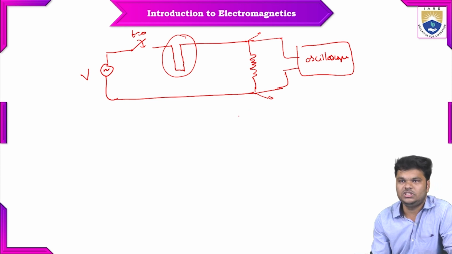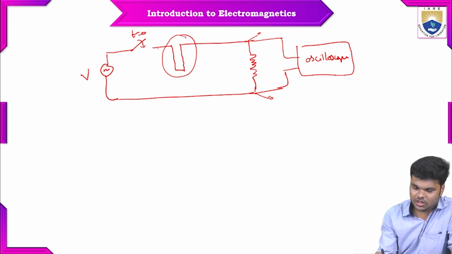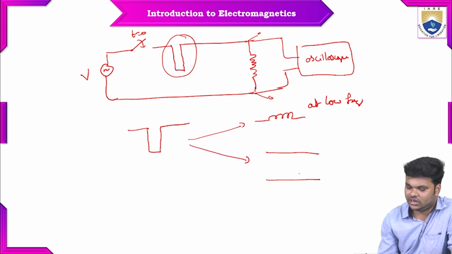This is something really unexpected, because this bent portion of the wire acts as an inductor at low frequencies, and the same bent portion of the wire acts as a transmission line at high frequencies.